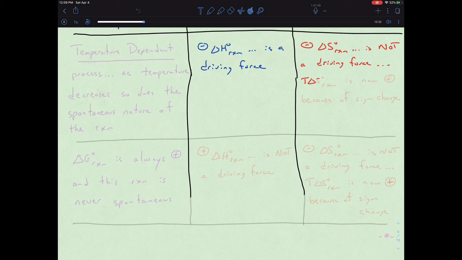Our T delta S of the reaction is now positive because of the sign change. So again, we now have one that's beneficial to spontaneity, delta H, and one that is not leading to spontaneity, which is delta S. And so this is again a temperature dependent process.